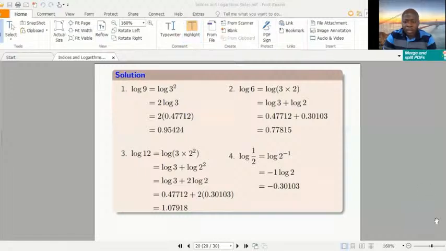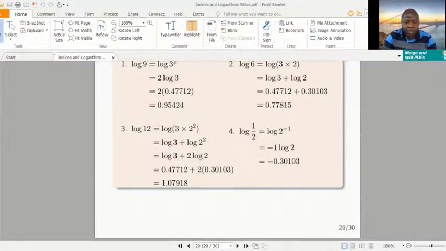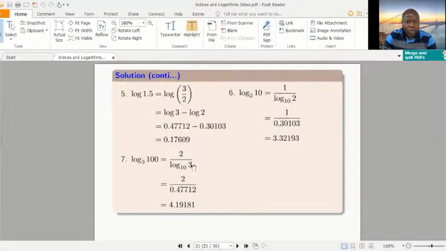Okay, let's go to the other questions. Maybe those ones may require much thinking, but the first ones do not require a lot of thinking. Question 5. Yes, good. Question 5 says, find the log of 1.5. So I think of how do I write 1.5 in terms of either 2 or 3.